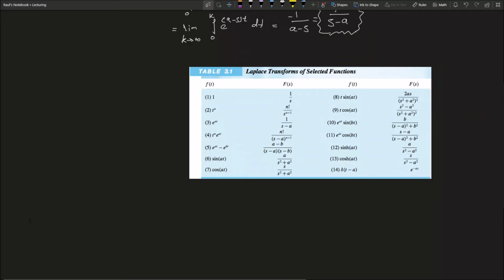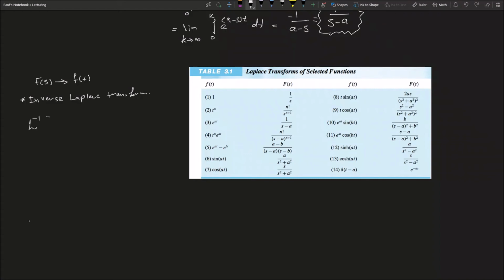Sometimes you have a function f of s that you want to reverse to be a function f of t. That's what we call the inverse Laplace transform. If you need to do an inverse Laplace transform, we can represent it as L to the power of minus 1.